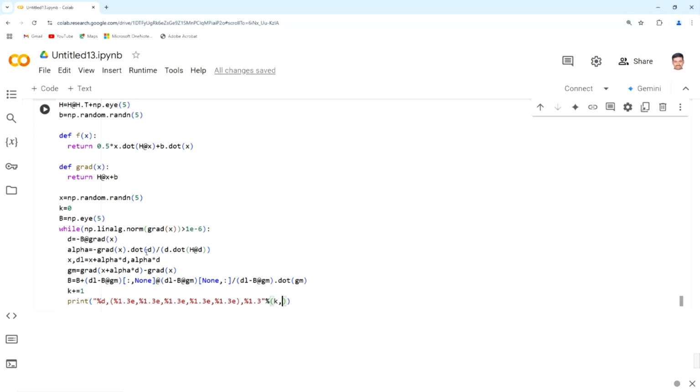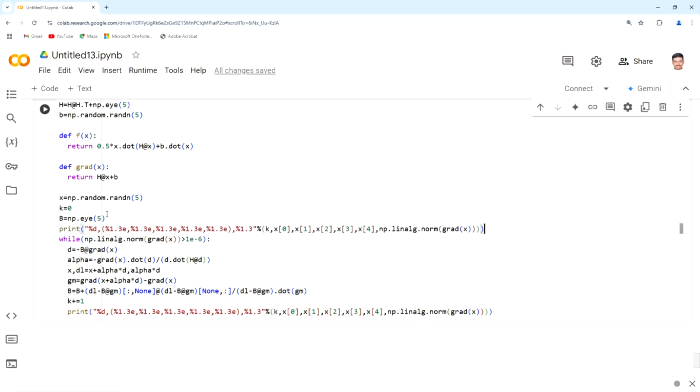So, you have k, x of 0, x of 1, x of 2, x of 3 and x of 4 and np dot linalg dot norm, okay. I will also print in the beginning. So, this is all the code.